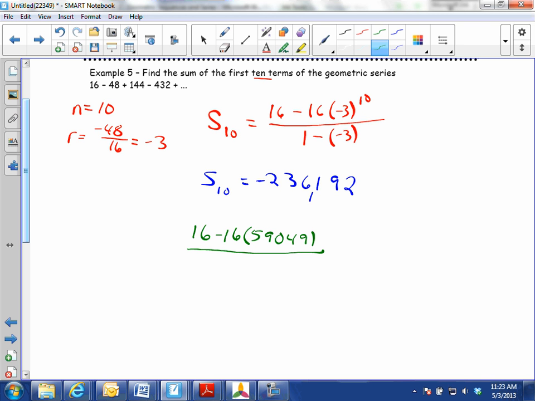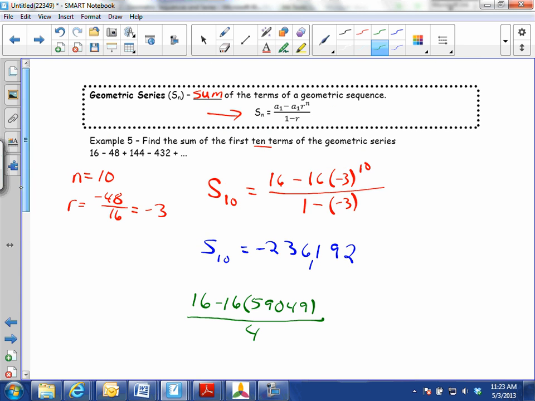How did I get the same number as you? But I never took 16 minus 16. We're not taking 16 minus 16. You're taking negative 16 times this huge number. Why isn't there a 16 in front of it? Because in our formula, we've got the first term minus the first term times the ratio to the 10, so 16 minus 16 times negative 3 to the 10.